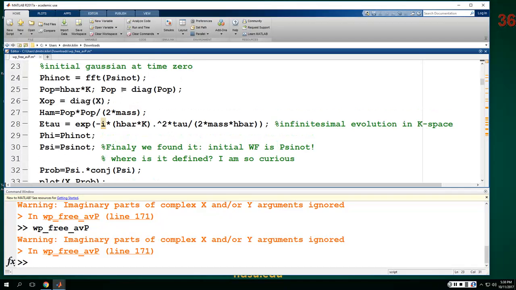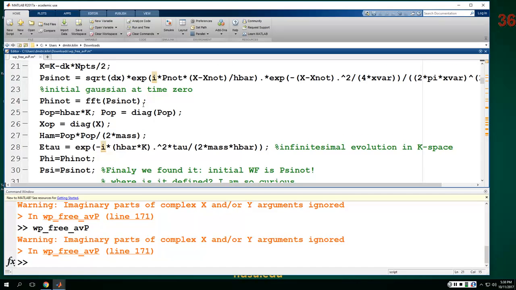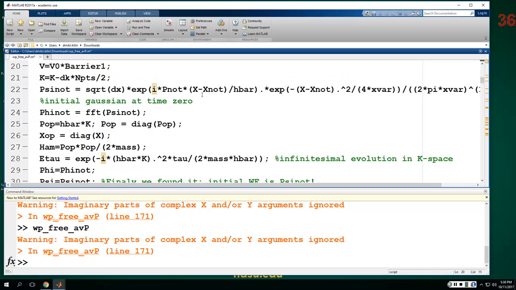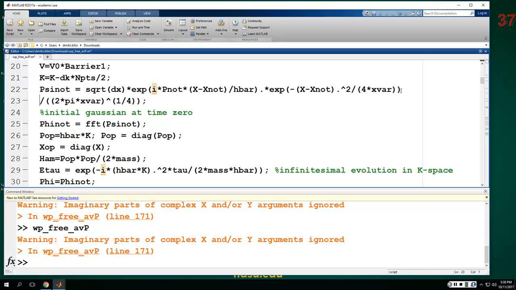Psi naught. Aha! Initial Gaussian at time 0. Even if I do not recognize it, let me break the line here just so that we can see it all. So I'm looking at line 22, and it should be the initial condition.